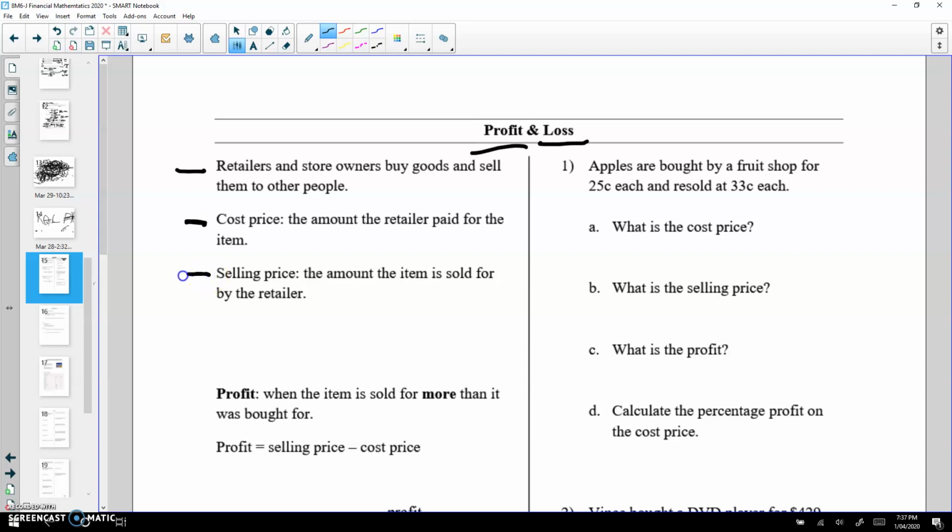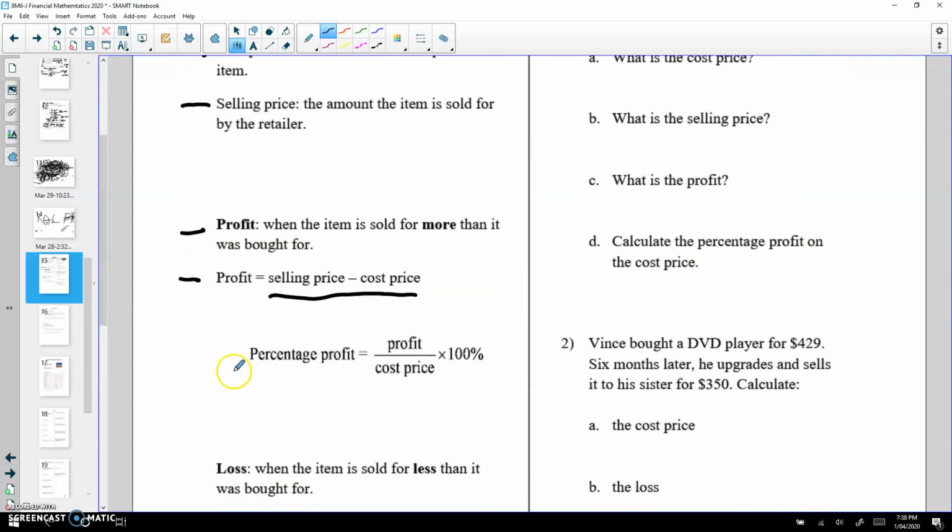The selling price is the amount the item is sold for by the retailer. So the idea is you would buy things in for a lower amount and then sell them for a higher amount to make a profit. The profit is when the item is sold for more than it was bought for, and you find that by subtracting the cost price from the selling price.